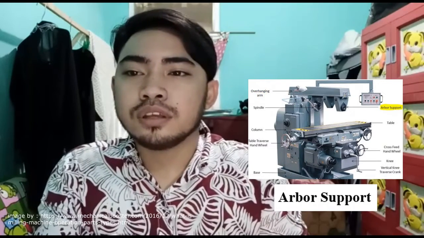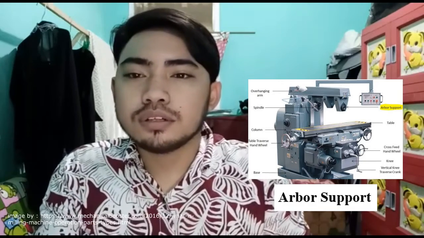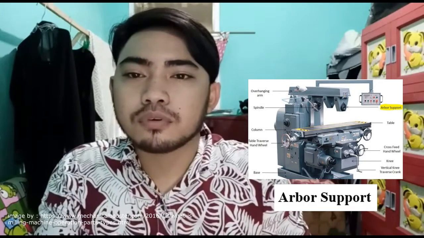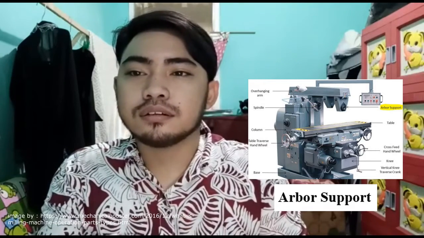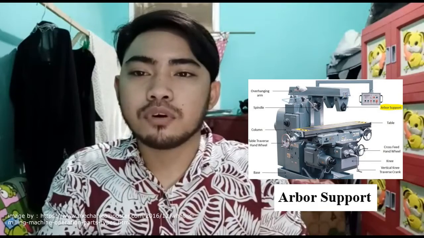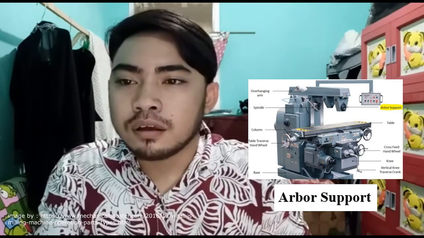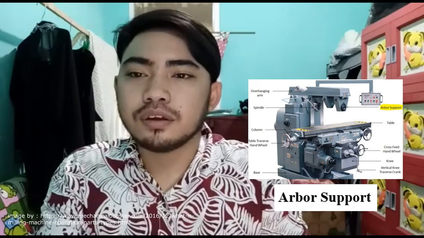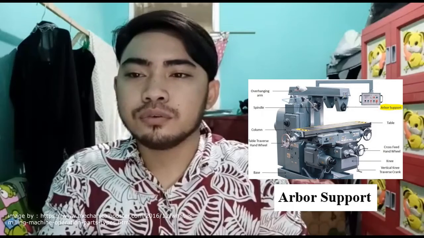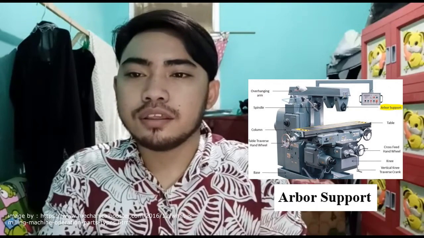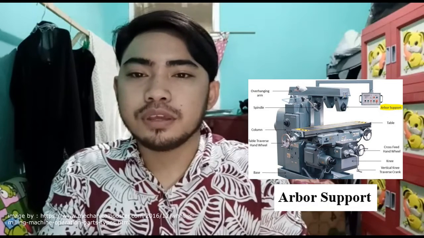Arbor support. It is a casting with a bearing that supports the outer end of the arbor. It also helps in aligning the outer end of the arbor with the spindle. 1. It prevents the springing of the arbor during the cutting operation. 2. There are generally two types of arbor support used in the milling machine.